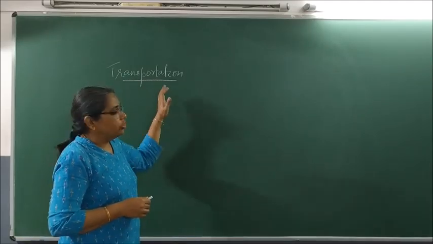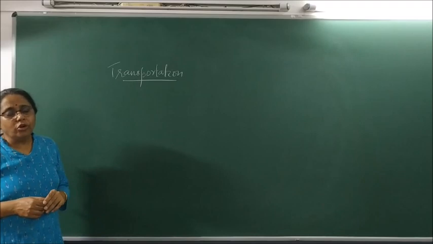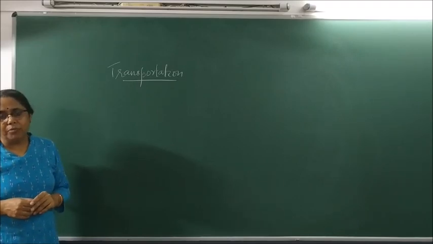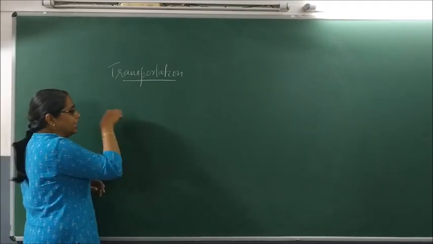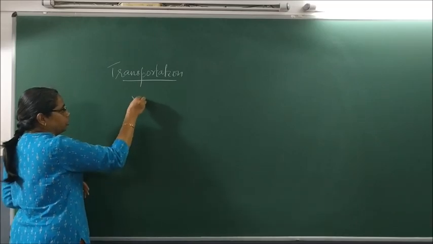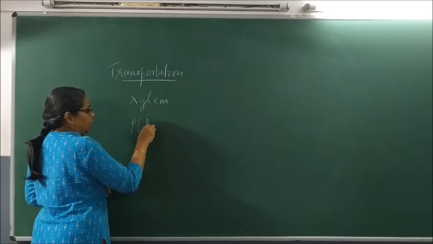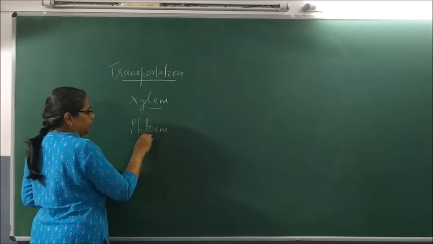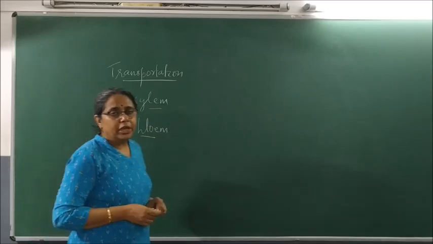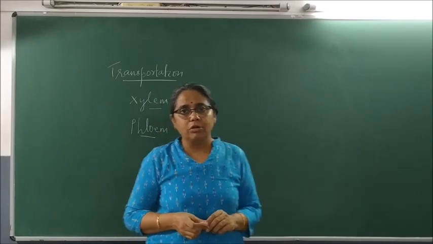Now, transportation in plants. When we talk about transportation in plants, we are mainly involved with 2 tissues, xylem and phloem. This was part of last year's tissues. They are called vascular tissues or vascular bundles.